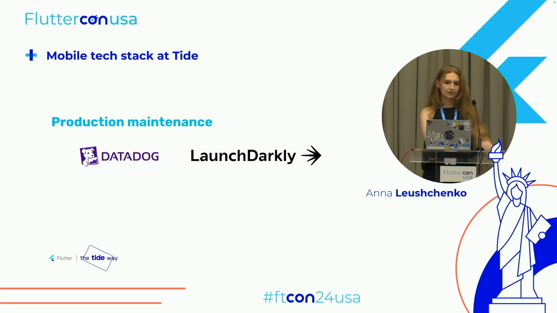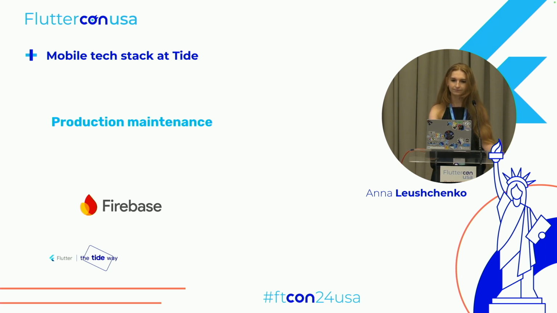We also use LaunchDarkly. It's a remote feature flags tool, and we use it not only for A/B testing, but we also control the availability of specific parts of the application. So if a problem is detected, we can quickly put only certain features under the maintenance mode and allow users to use the rest of the application.